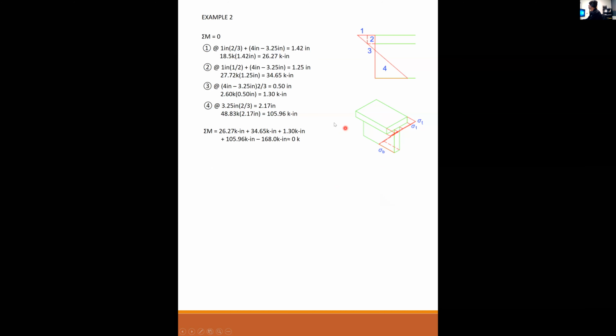But what is also important is that from the side view, you can't really see that every point along the top flange has the same stress. This stress is constant. What we found to be sigma t as a stress is constant across the top of the flange.